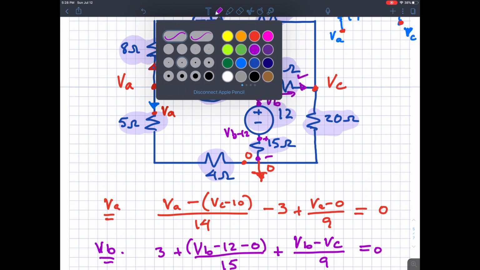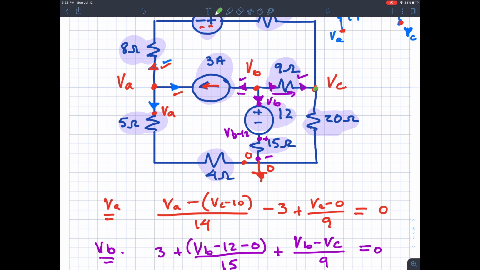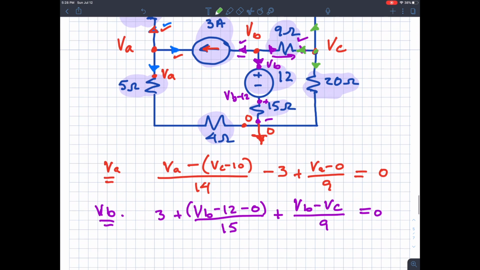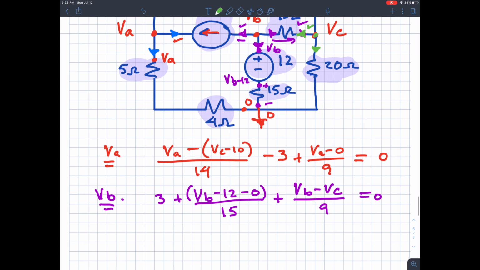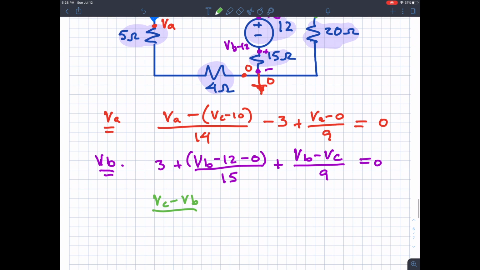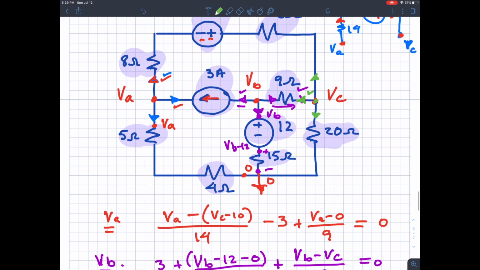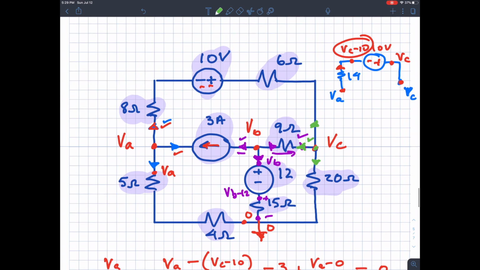Let's change this to green and do VC. For VC, I have currents coming out of the node. Let's do this first one, coming to the left. That would be VC minus VB divided by the equivalent resistance of that branch, which is 9. Moving up, this upper branch has this equivalent circuit.